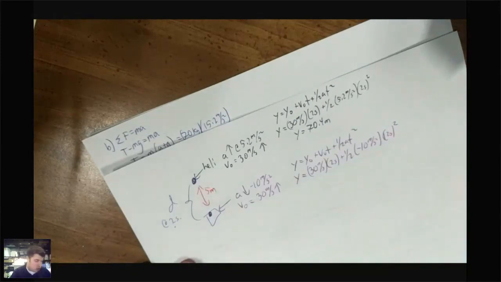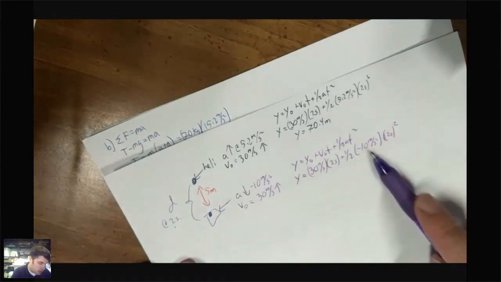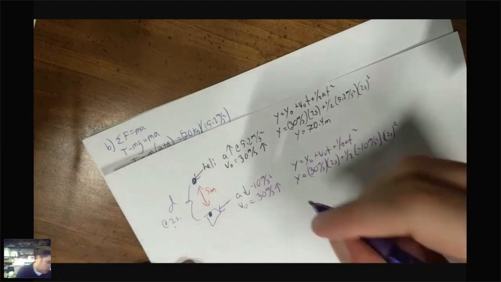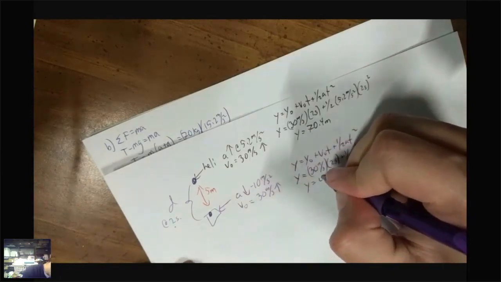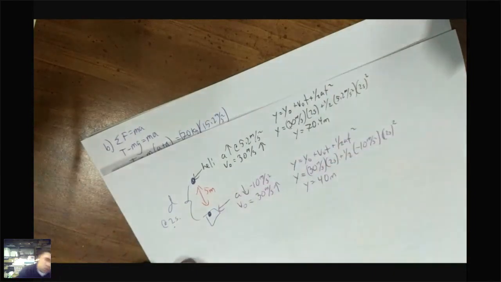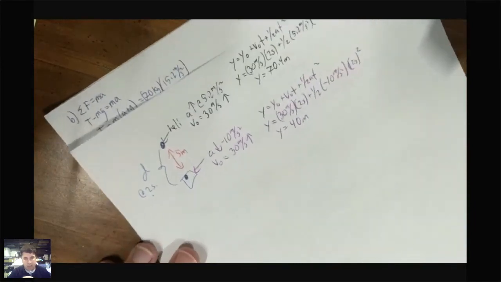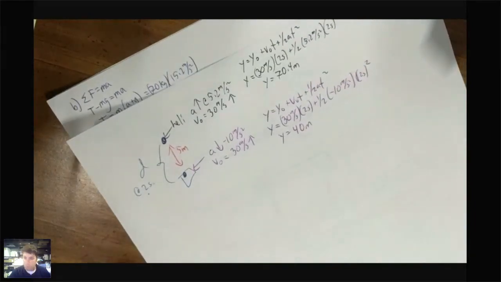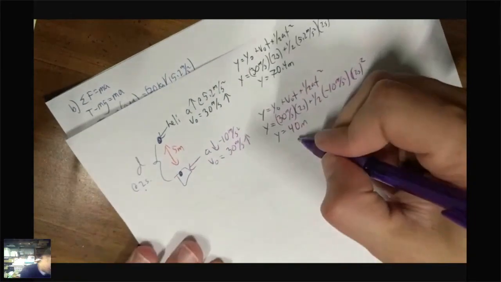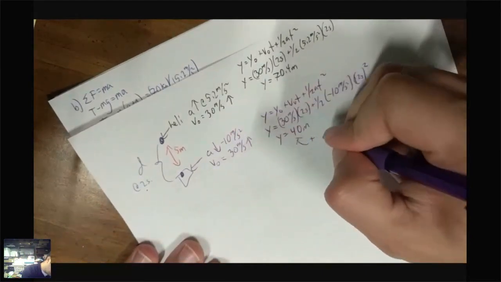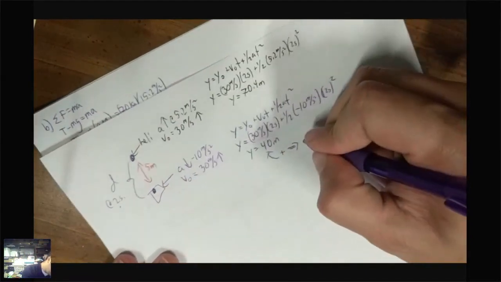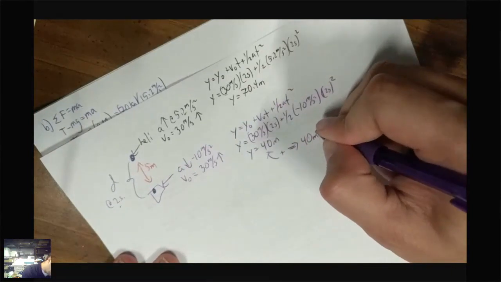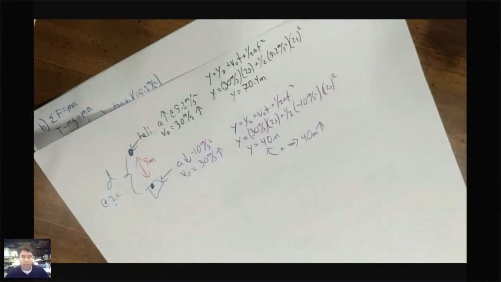Okay, and if we crunch this, 60, 40, 20, that gives us 40 meters for our distance. And now the crazy thing here, or maybe not that crazy when you think about it, this is a positive number, which means that our package actually went 40 meters above where we let it go.